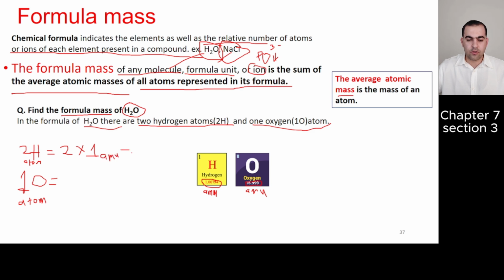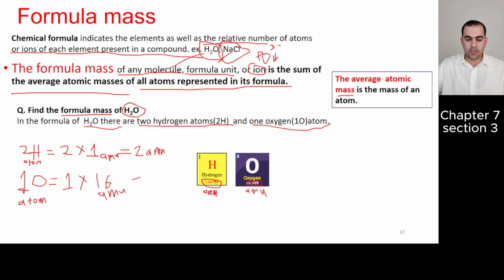So the mass of 2 hydrogens is 2 AMU. The mass of 1 oxygen atom, we already know the atomic mass. Atomic mass is the mass of 1 oxygen atom. So 1 times, we can just round it to 16 AMU.